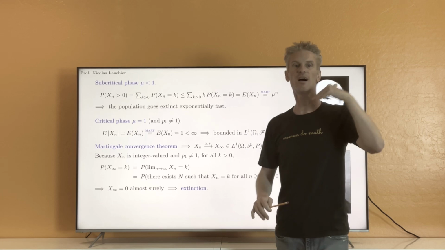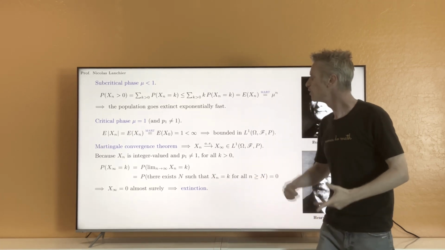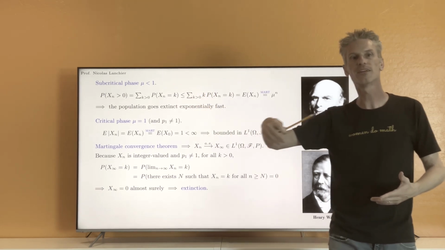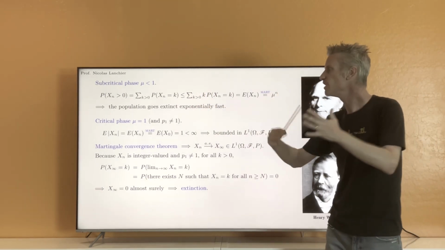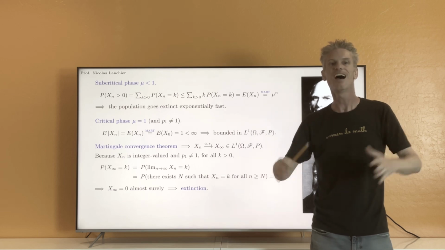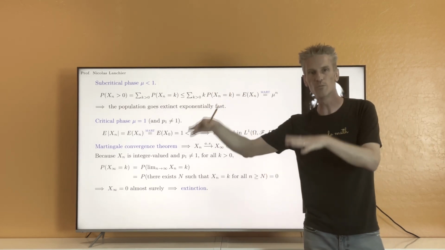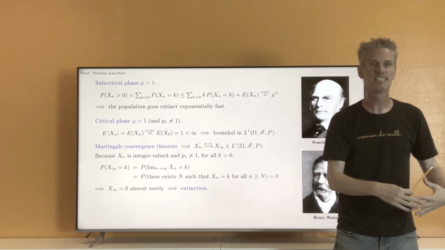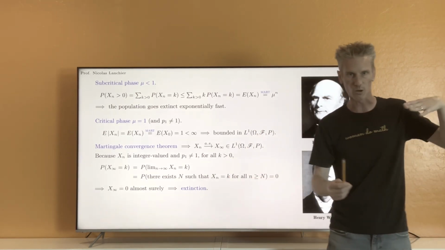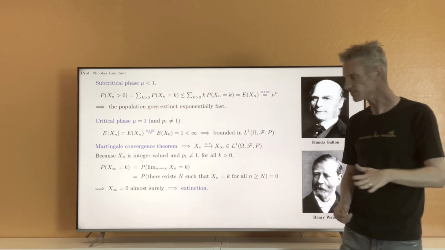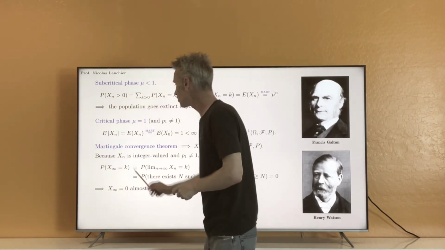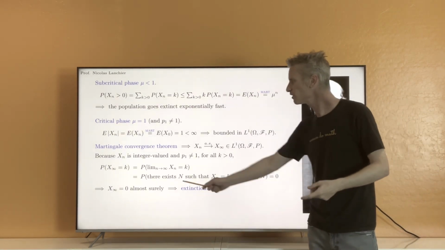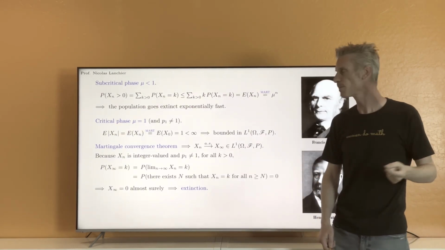But as long as you have individuals in your process, because p0 and one of the pk for k larger than 1 are going to be positive, then you must have those fluctuations. As long as you have individuals, you must have fluctuation. The only way you do not see those fluctuations is if your process is already at 0. All right, so this shows that you have extinction with probability 1.